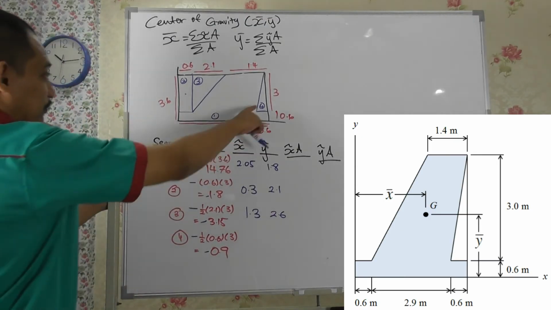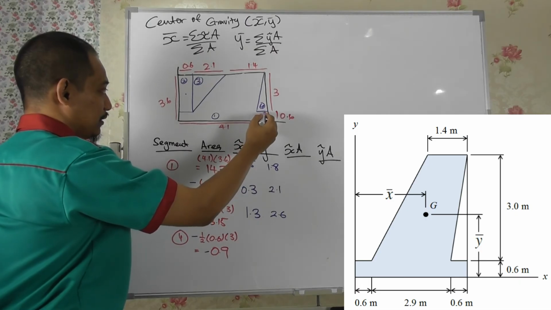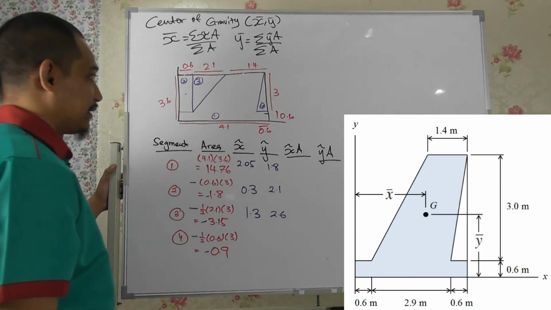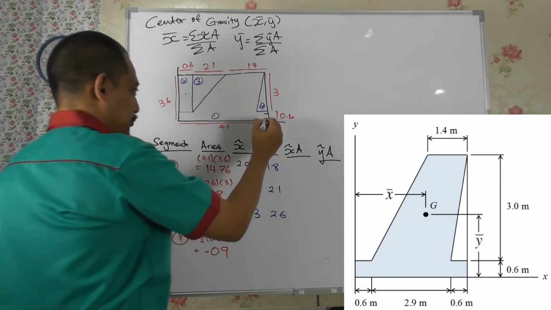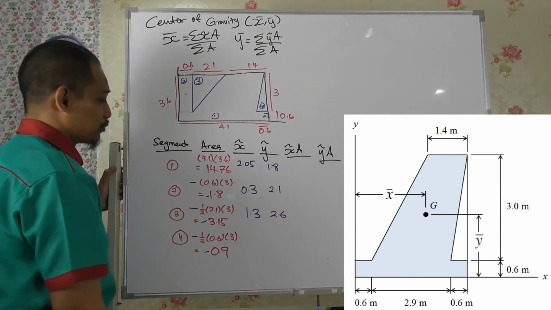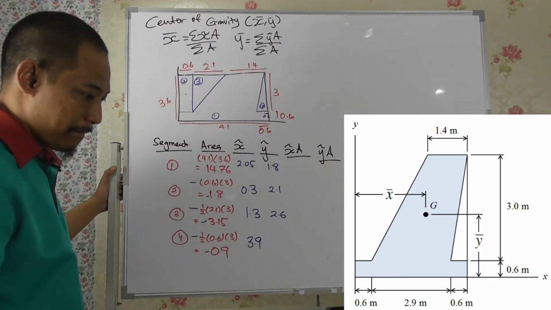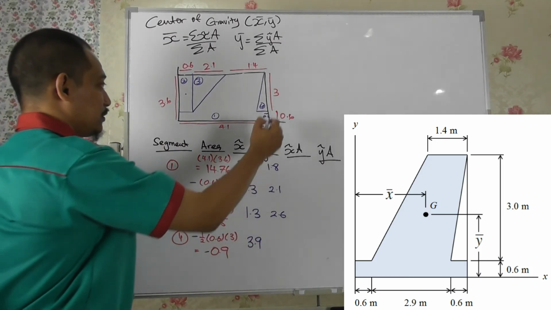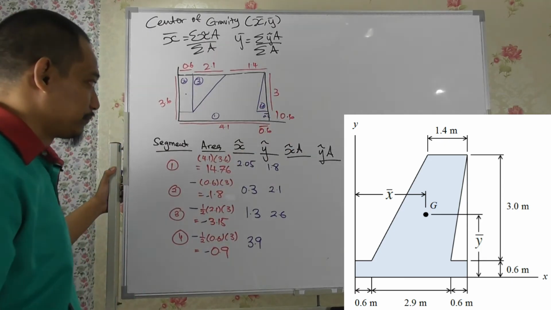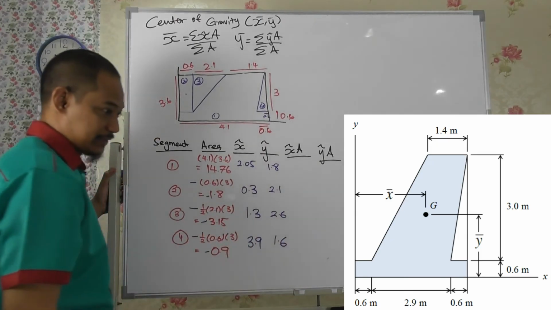Okay. What about number 4? It should be somewhere there. In terms of x, there are several ways to do this, but if I take the n there, it should be 0.2. So the whole thing, 4.1 minus 0.2 is 3.9, right? And then this height here should be 1/3 of 3, which is 1, plus the bottom 0.6 becomes 1.6.